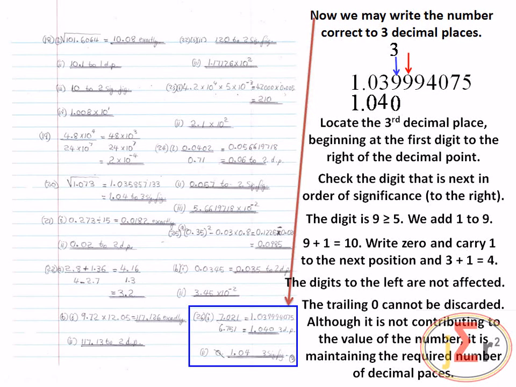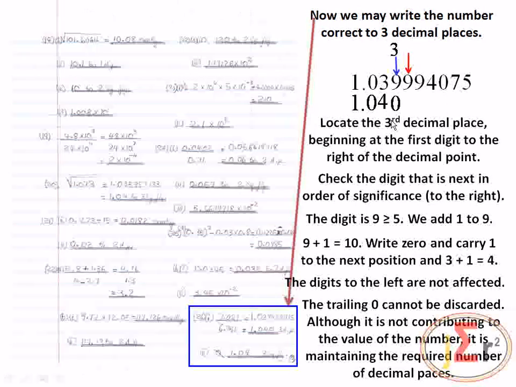Therefore, in the end, we should have our number depicted with 3 decimal places, no less. So even though this 0 is not contributing to the value of the number, it is contributing to the required number of decimal places, which is 3.